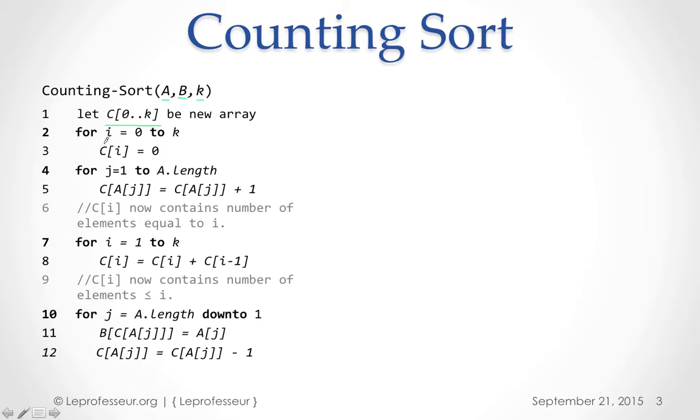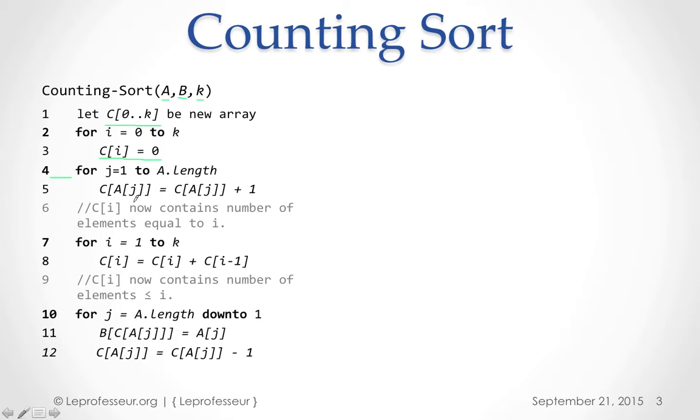Okay. So we initialize all the elements in array C equal to 0. Now this is interesting, line number 4. For j equal to 1 to A.length, for each element in your input array A, we say that C[A[j]] equals C[A[j]] plus 1.